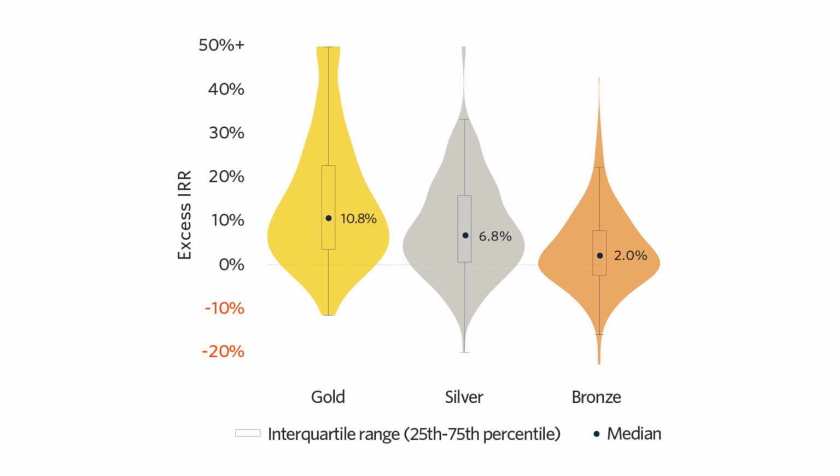Generally speaking, the higher-tiered fund family badges correspond to higher individual fund outperformance against their benchmarks. These badges help allocators quickly identify not just top quartile managers, but truly differentiated performers over time.